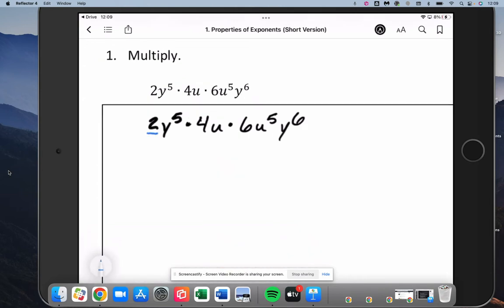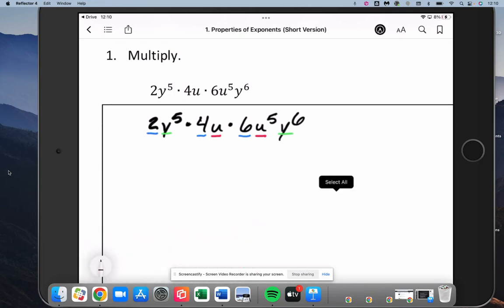These are constants, or what we call them, numbers. Those are the same, and they can be multiplied together. This y right here is the same as that y right there, so those can be multiplied together. And this u right here is the same as that u right there, so those can be multiplied together.